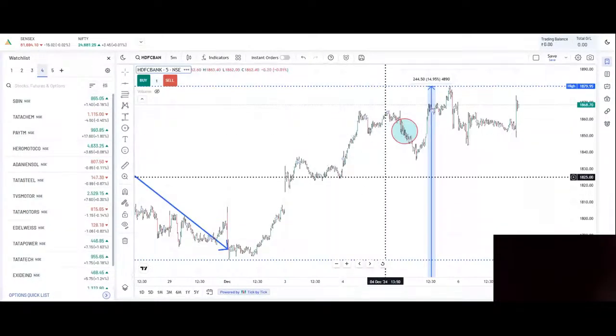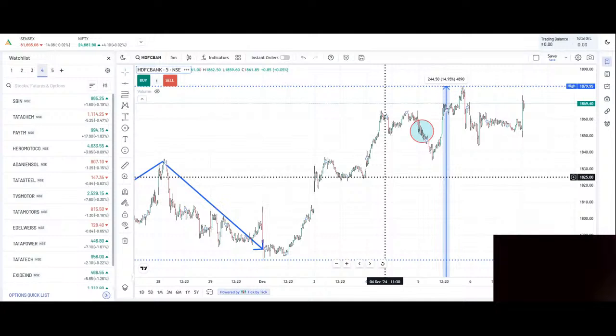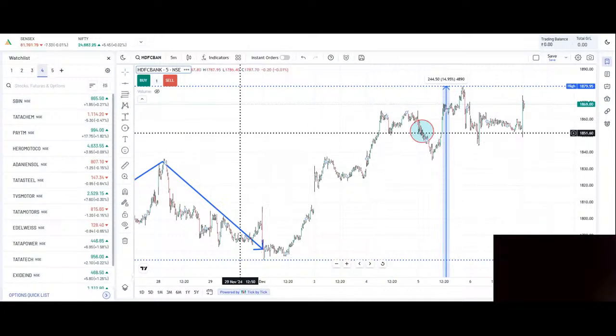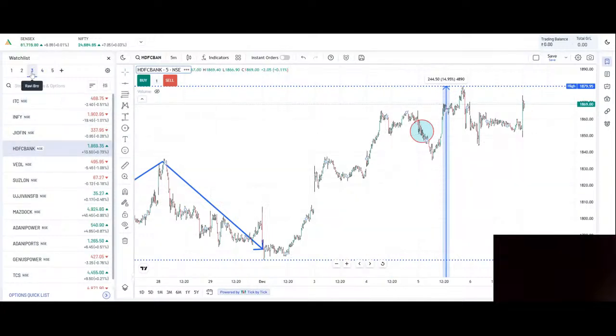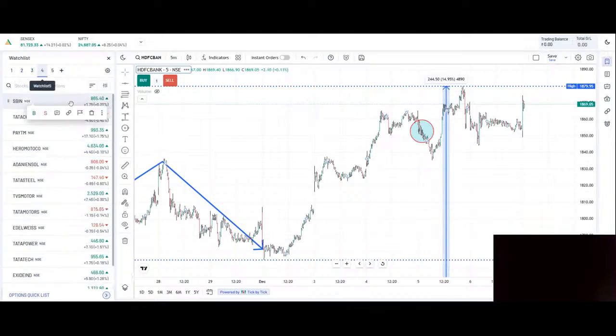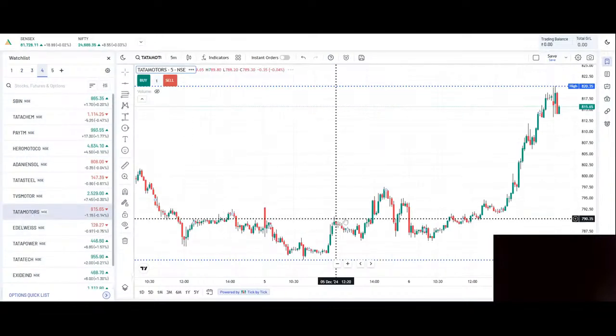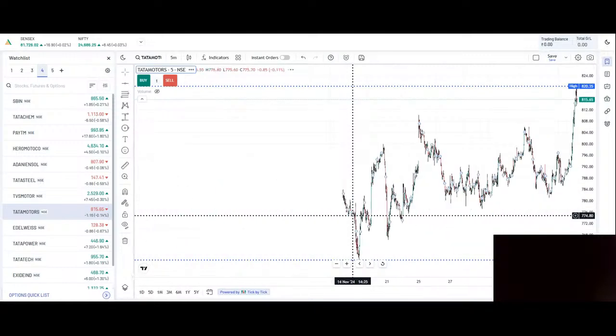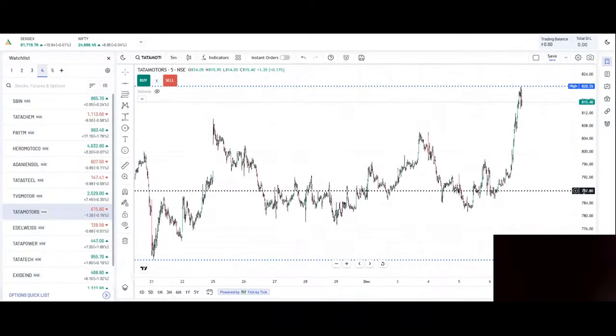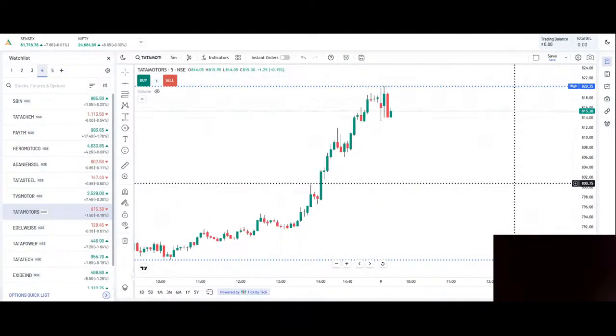Now I'll look at the chart of HDFC also. See how HDFC is rising. Now we'll see Tata Motors also. This is a chart of Tata Motors. It had opened up, went high, now retraced a bit.